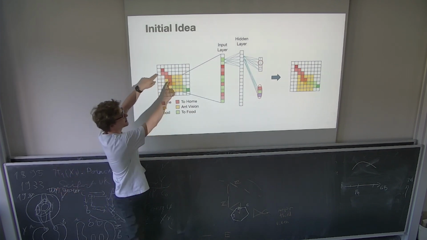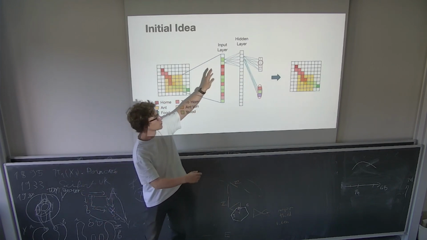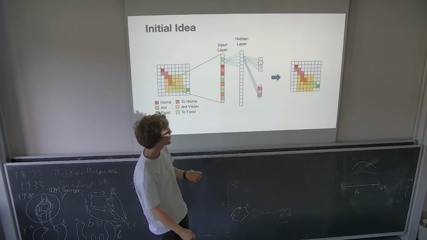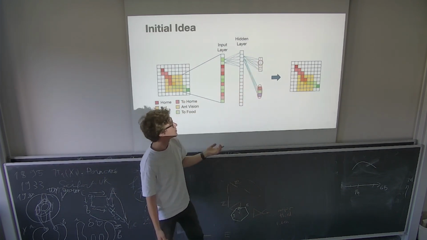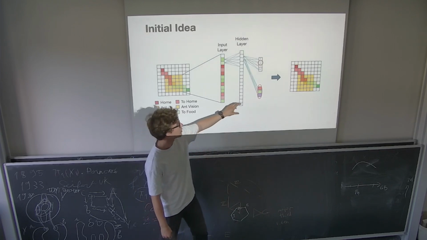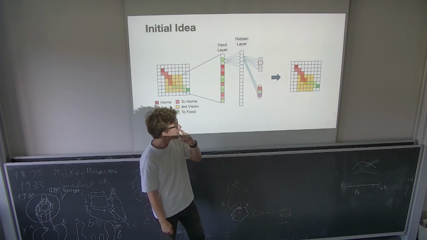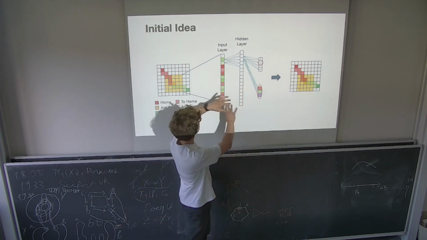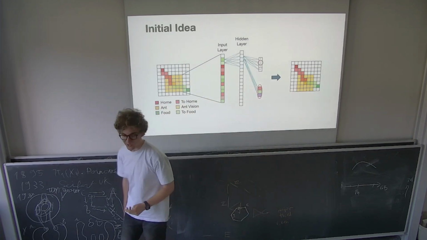The ant would get all of this information, I would flatten it, it would go through some hidden layers of a fully connected neural network, and first decide one of four actions, for example, which direction to move. The initial idea was also to have it learn which pheromone it actually wants to leave. Then using all of this, I update the position and start again at the beginning.